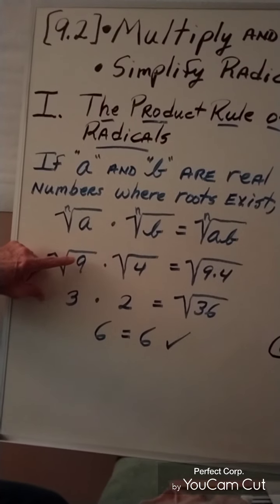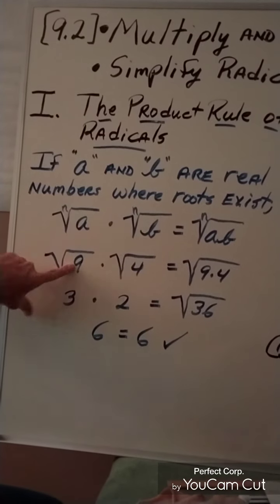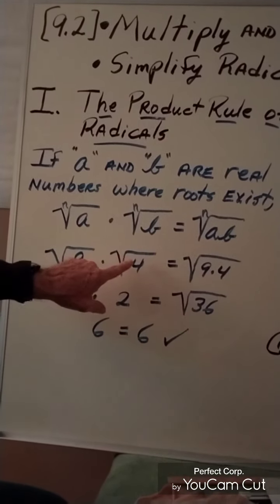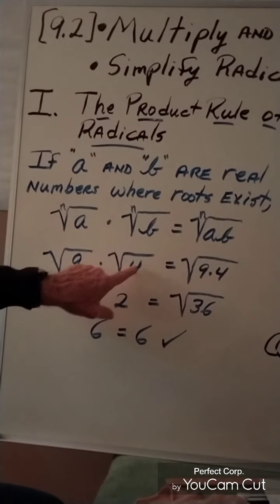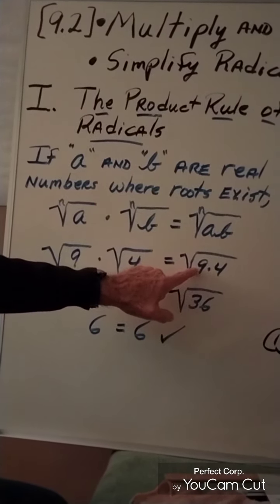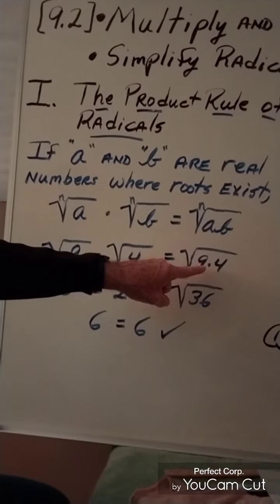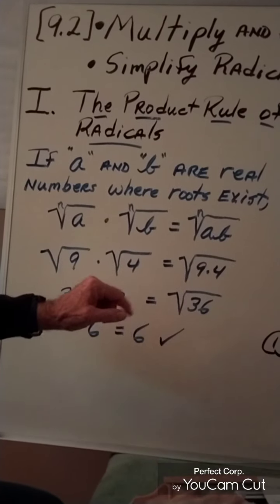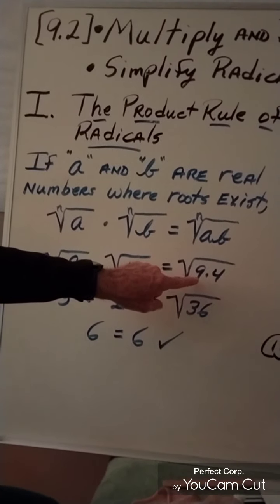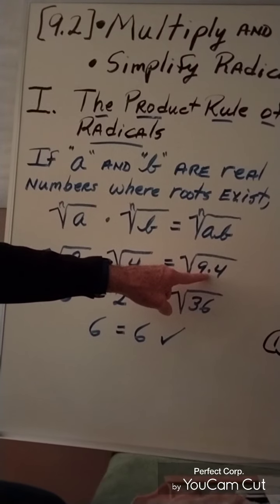Now here's what the rule says. The radical of 9 multiplied by the radical of 4 is equal to the radical of 9 times 4. I elected not to go with a parenthesis inside there, so don't make the mistake on this video thinking that's a decimal point. It's not.